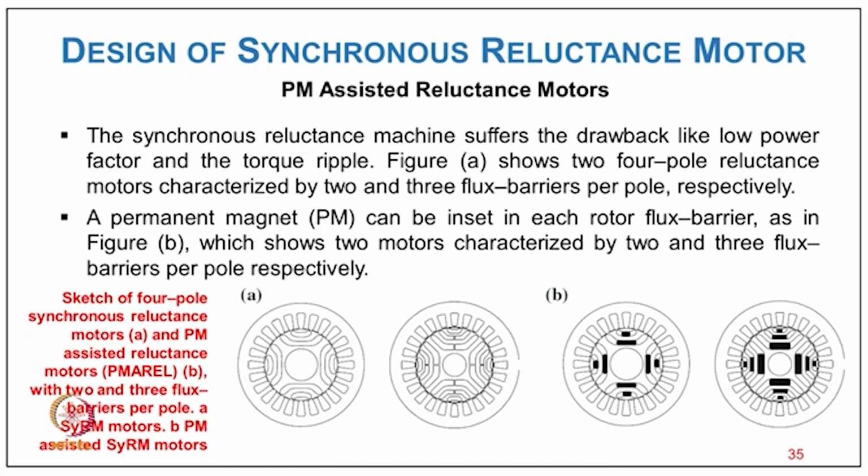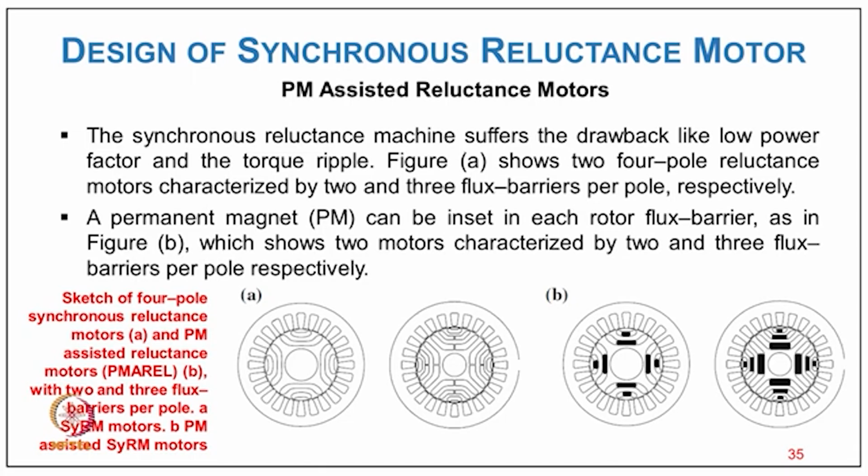Figure A shows two 4-pole reluctance motors characterized by 2 and 3 flux barriers per pole respectively, and the permanent magnets can be inserted in each rotor flux barrier as in figure B. So here is the sketch of synchronous reluctance motor, A, and the PM assisted synchronous reluctance motor, B, with 2 flux and 3 flux barriers per pole.